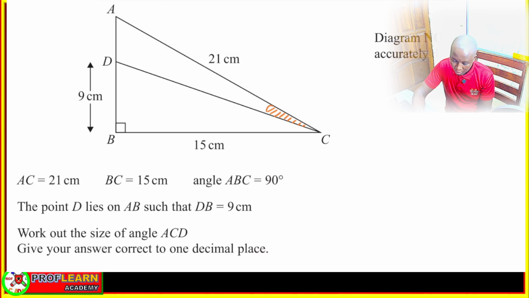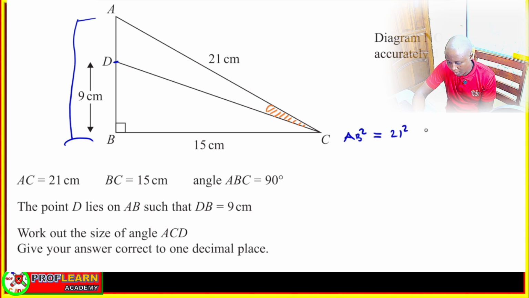I'll use Pythagoras theorem for us to find what this length is from here to here. I'll have to find the entire length using Pythagoras theorem. So from A to B, we're going to say AB squared is going to be equal to 21 squared minus 15 squared.